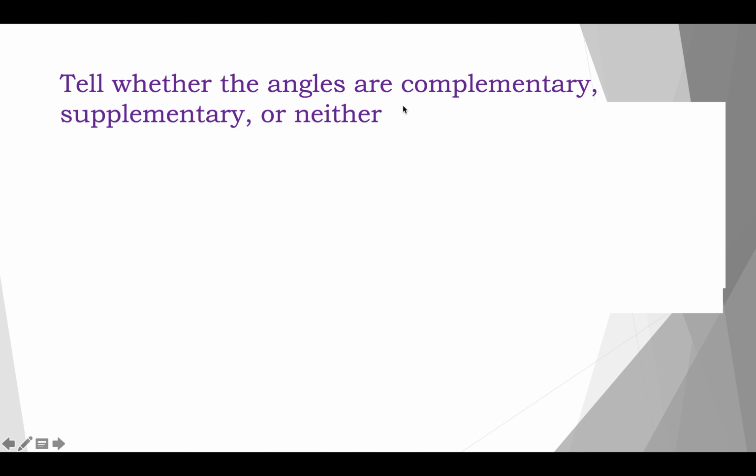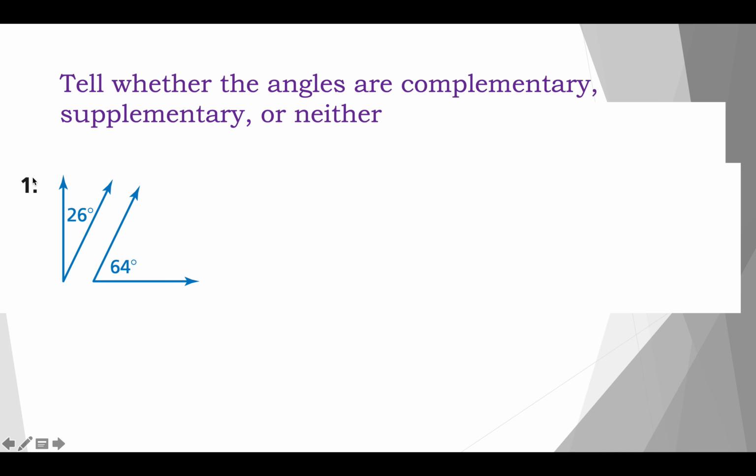Tell whether the angles are complementary, supplementary, or neither. For example, the first question. To check whether these two angles are complementary, supplementary, or neither, you need to add them.